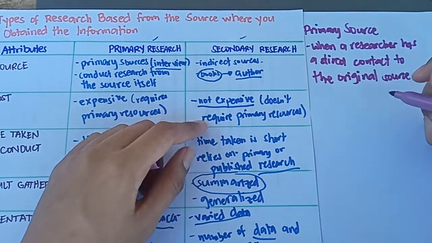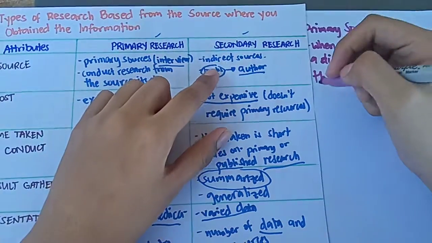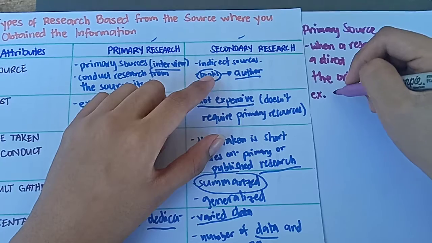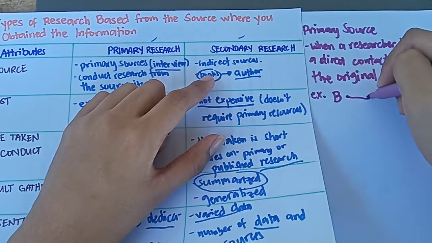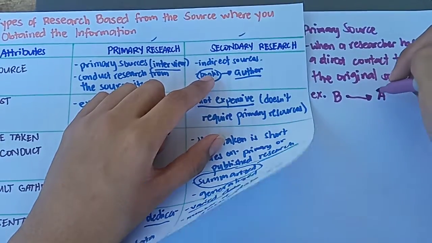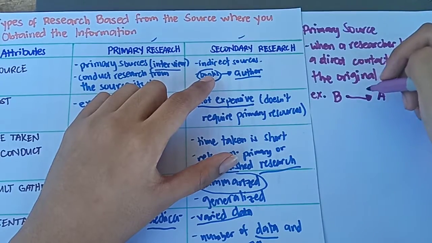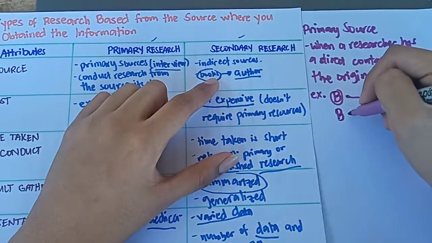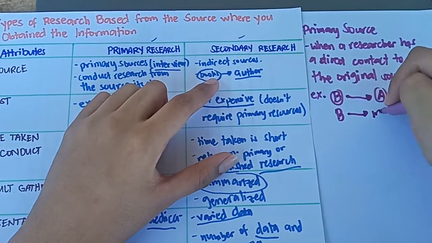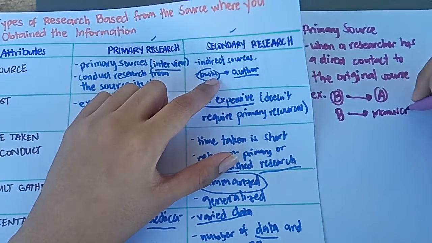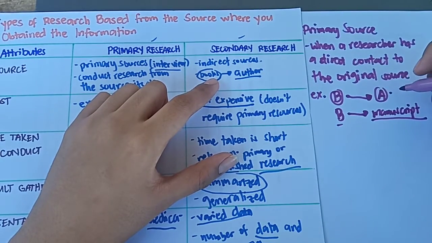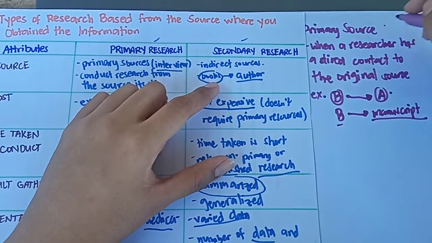So, an example of applying a primary source: person B interviews person A, and with the use of the interview of person B with person A, person B created a manuscript out of it. So person B created a product out of the interview due to the primary source.